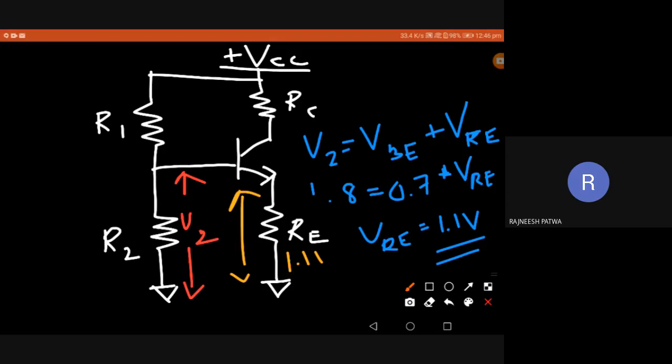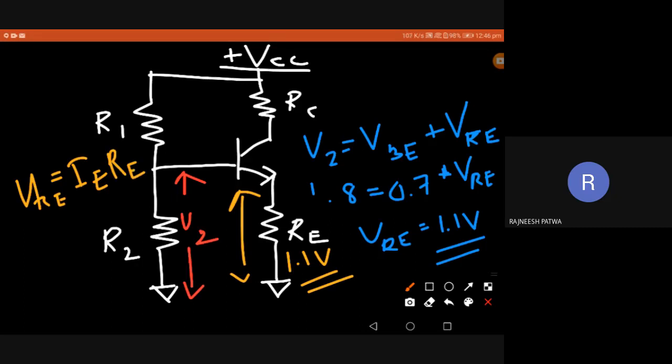Now, once you know the voltage drop across the resistance and the magnitude of resistance, you can easily find the current flowing. Okay, so what is VRE? VRE is nothing but IE into RE.